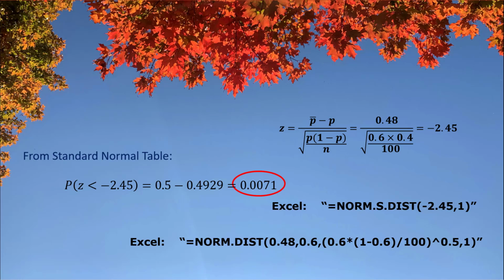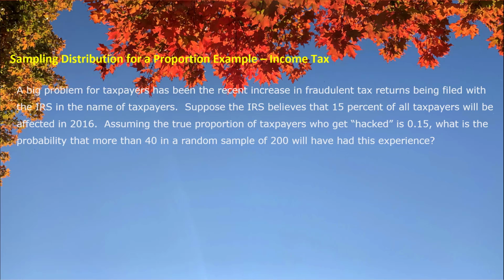We can compare with the original format by using general normal distribution information. They both give us the same answer. The probability for a random sample proportion to be smaller than or equal to 0.48 is 0.00715.